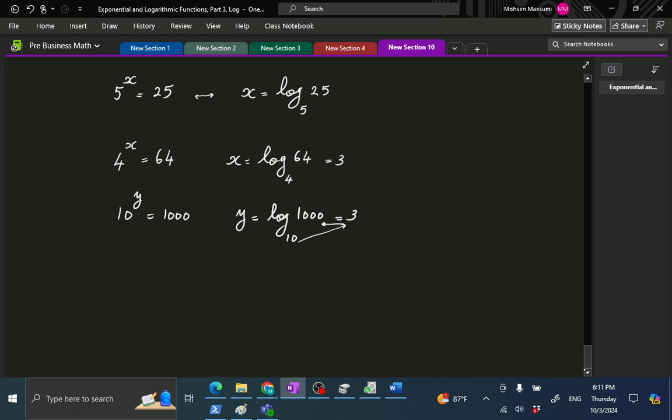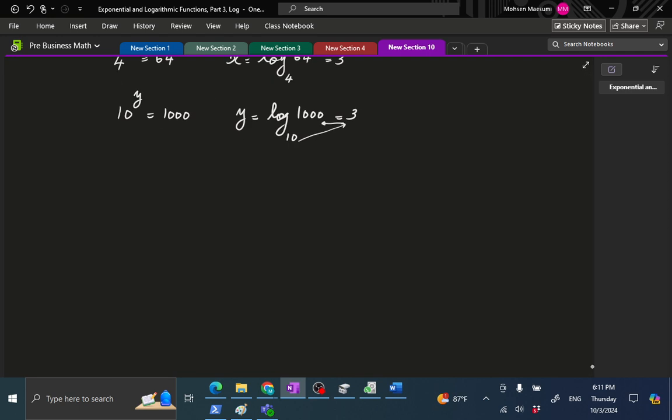Let's experiment with some things less familiar. Suppose I write 5 to what power is 0.04. Okay, it's not likely that we immediately say what it is, but let's go ahead and experiment. This is 4 hundredths. Is that right?